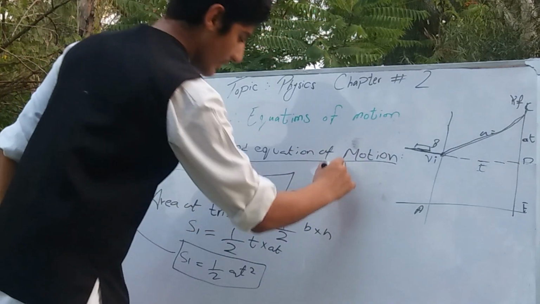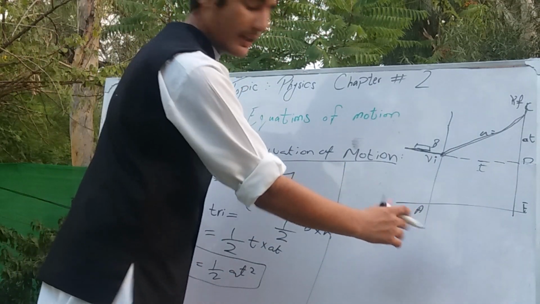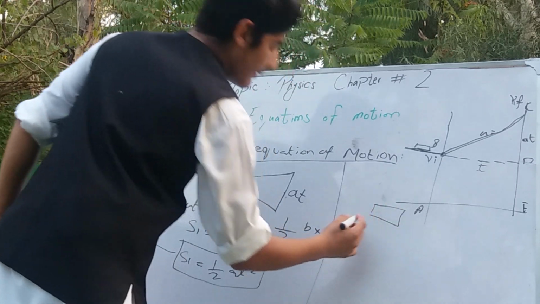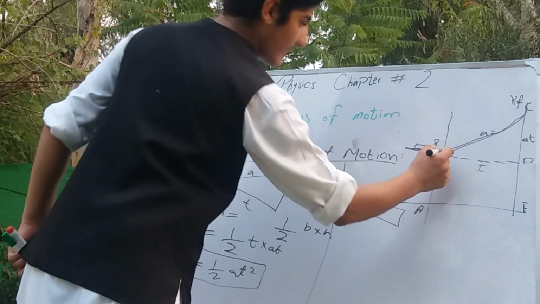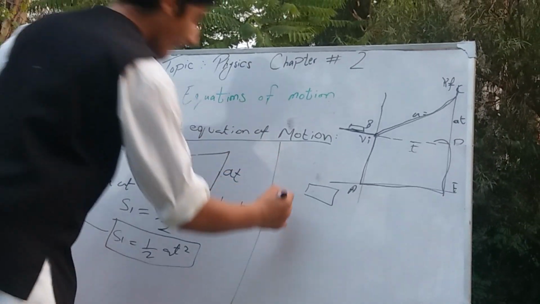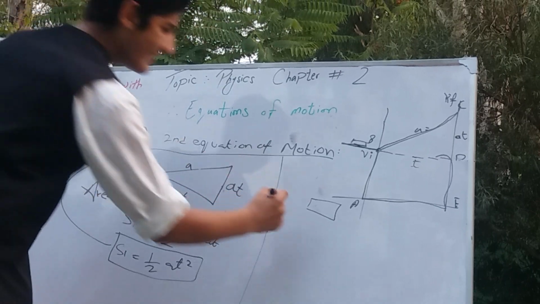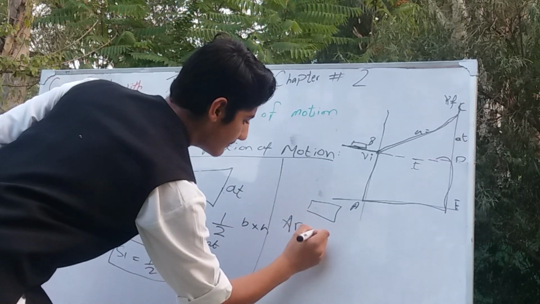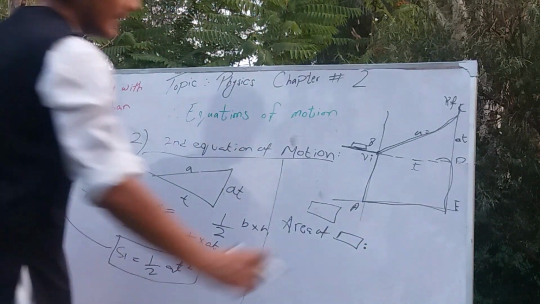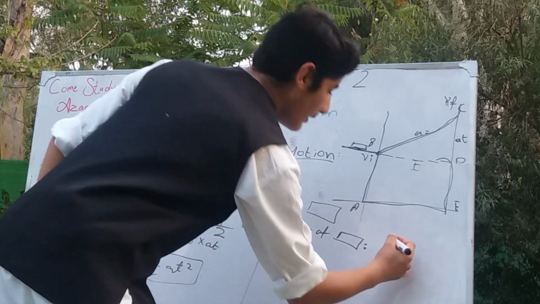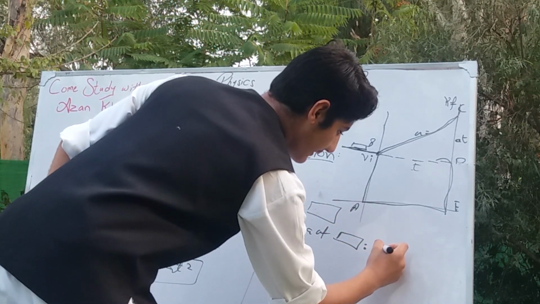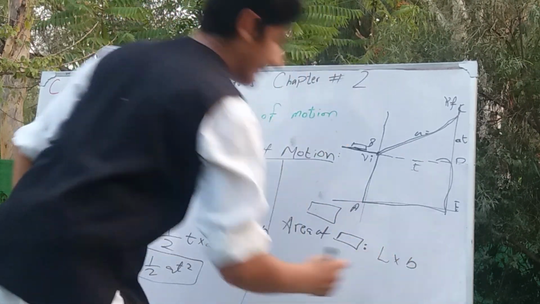Now it is the turn of the area of the rectangle. The distance we have taken in two parts. The area of a rectangle is length multiplied by breadth.